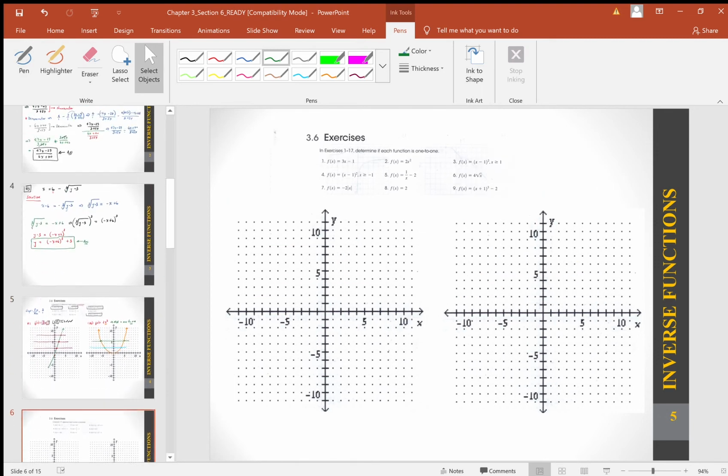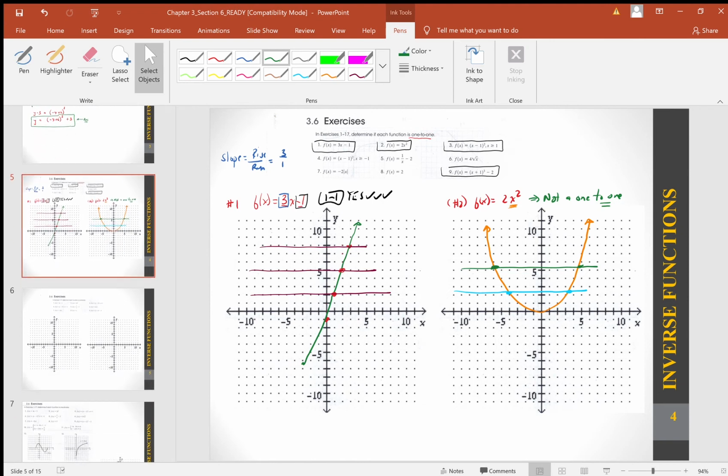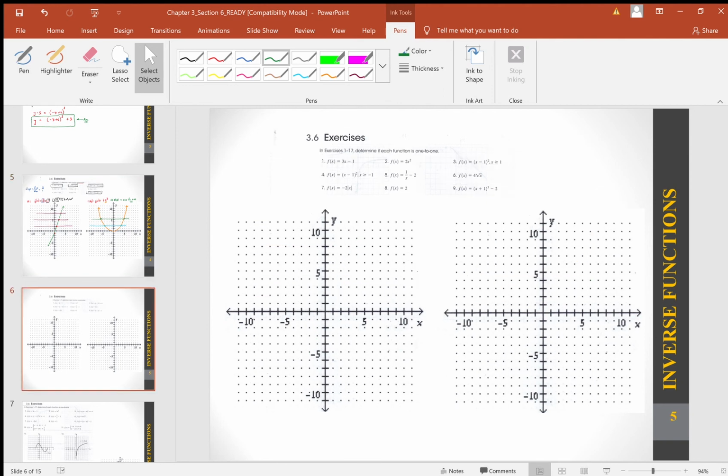We said we're going to do 3 and 9. Okay. So for number 3 here, I'm only going to be choosing values that are greater than or equal to 1 due to this stipulation right here.